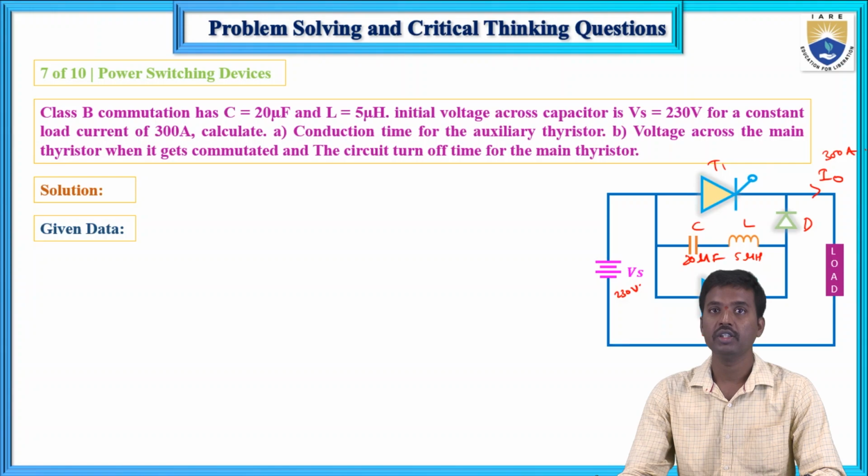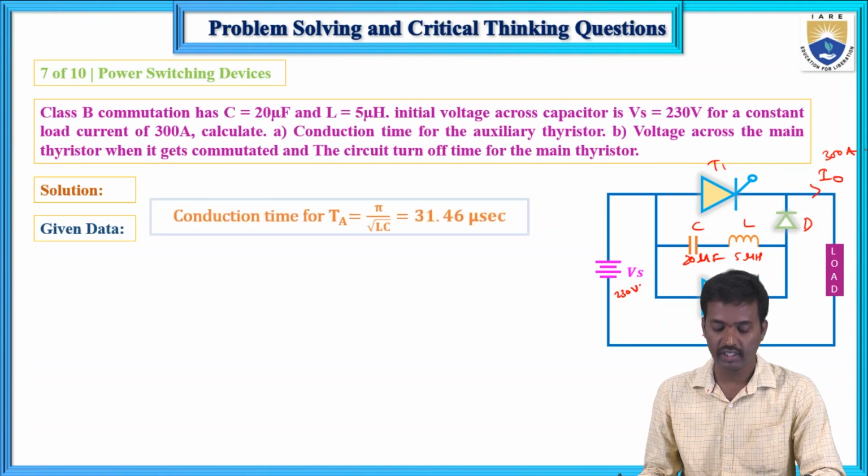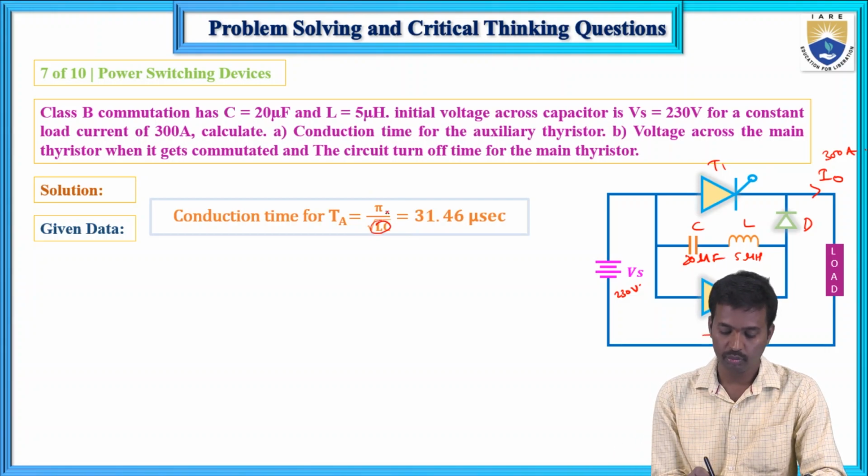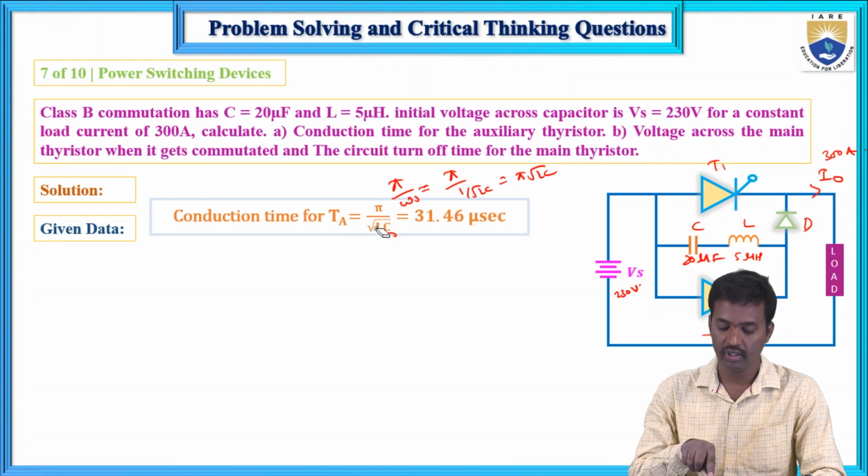There is a formula. The conduction time for this auxiliary thyristor TA equals pi by omega naught. Actually, that is wrong: omega naught is 1 by square root of LC, so the conduction time equals pi into square root of LC, not 1 by root LC.